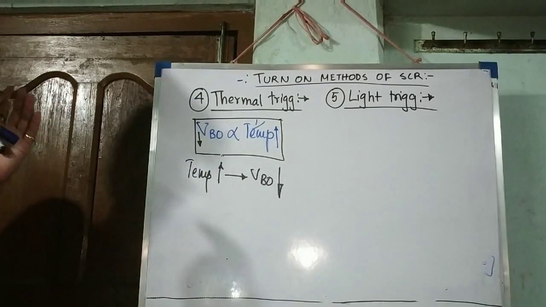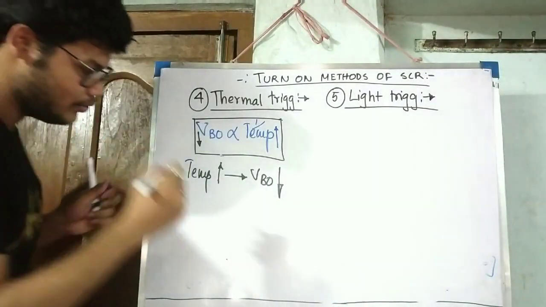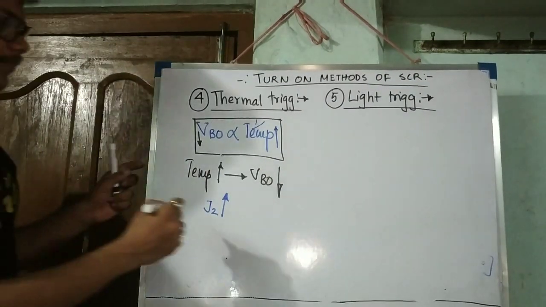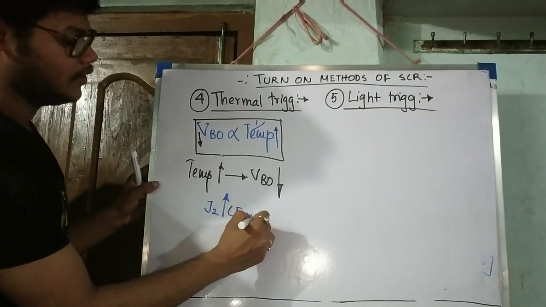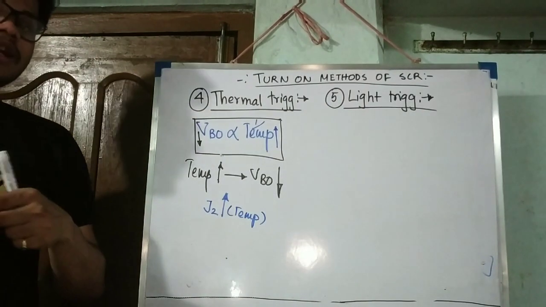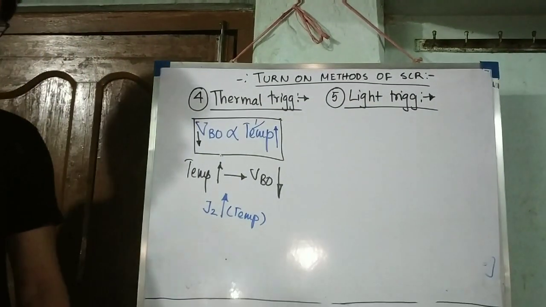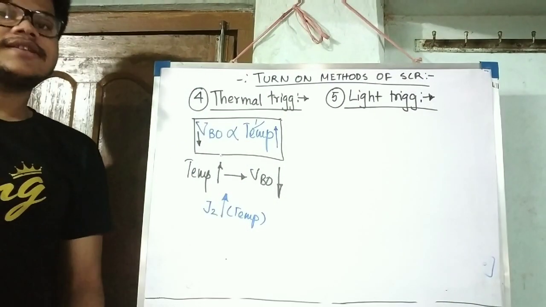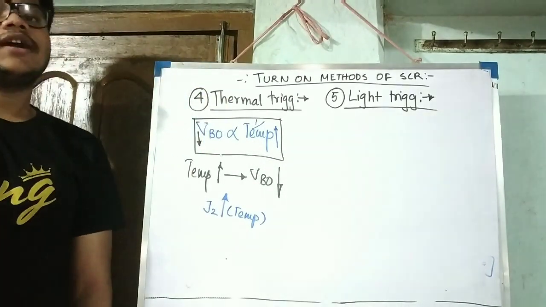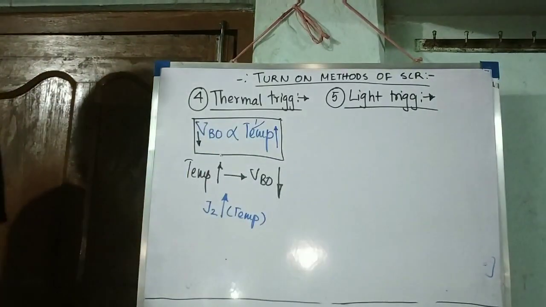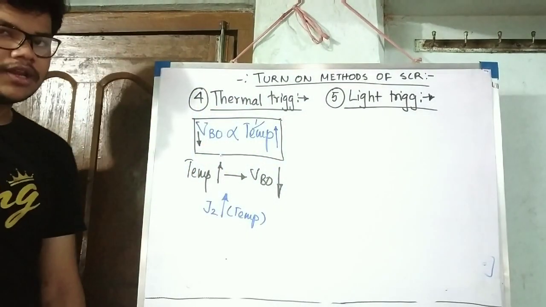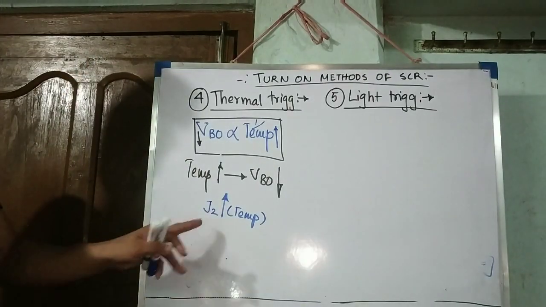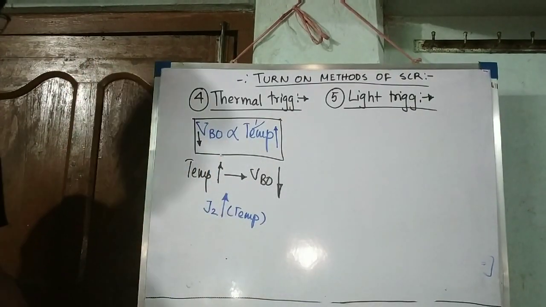So if you increase the junction J2 temperature, then the VBO will decrease, and after a certain increase of temperature, the carrier concentration increases in such a way that your device is triggered automatically, and that is known as your thermal triggering. As temperature and thermal are similar words, they are used parallelly. So if you increase the junction temperature somehow, then your device is automatically triggered.